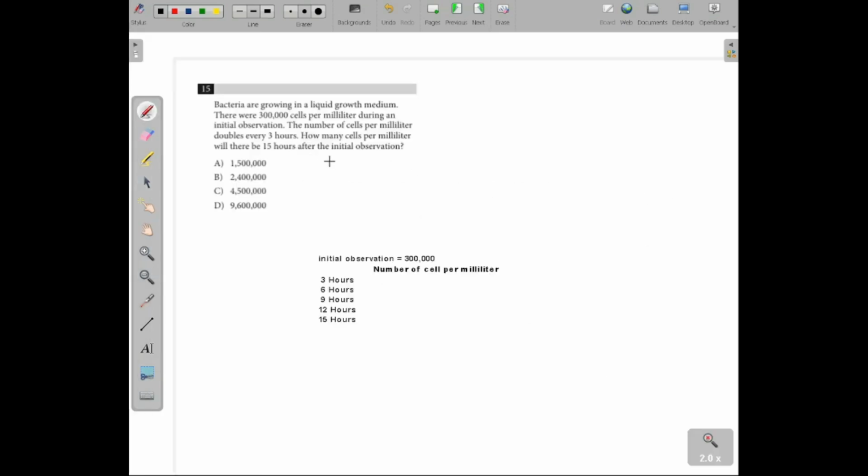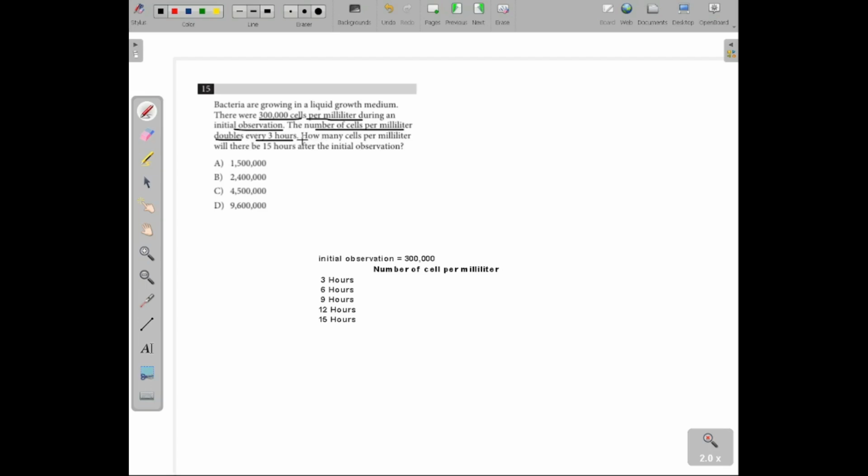Number 15. Bacteria are growing in a liquid growth medium. There were 300 cells per milliliter during an initial observation. The number of cells per milliliter doubles every 3 hours.